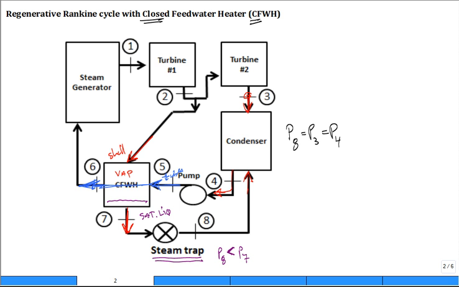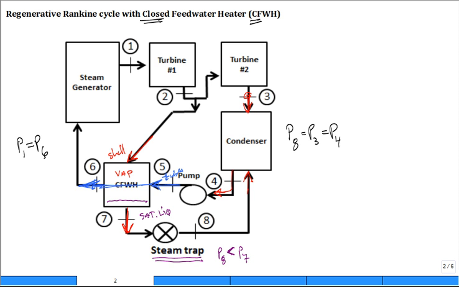But other than that, if I look at pressure at 6 and pressure at 1, is the pressure at 1 equal to the pressure at 6? It's just going through the steam generator. The steam generator adds heat, doesn't change the pressure. Likewise, when it goes through the condenser, all of the inlets and exits from the condenser have essentially the same pressure. Okay.